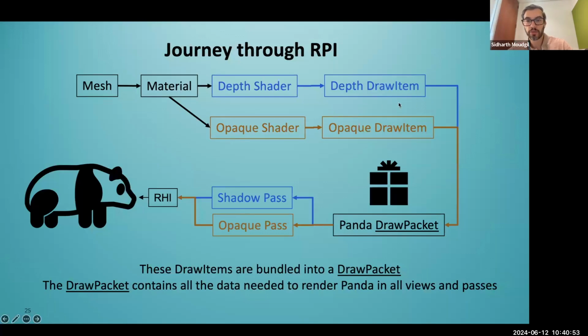We'll create draw items out of it. Draw items combine all of them together to create a draw packet. The correct draw packet gets into the shadow pass and the opaque pass, which then gets into the RHI, which then creates the GPU commands out of it, which the GPU executes to render the Panda.